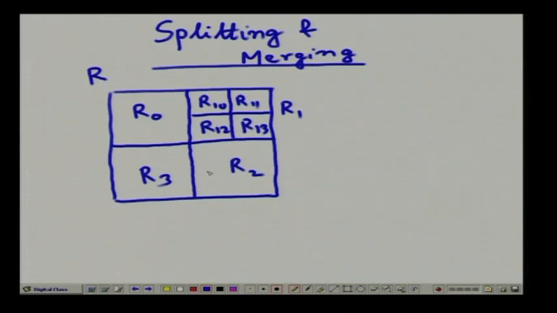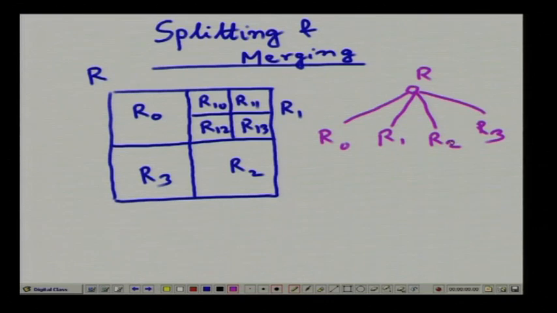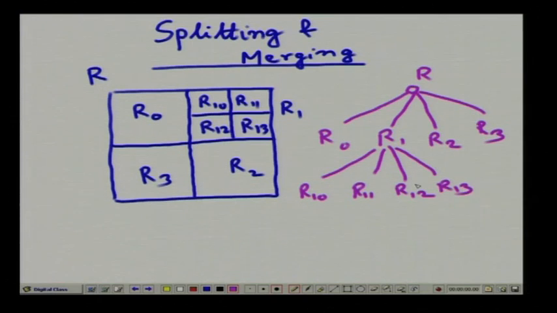And in the process of doing this, I am having a quad tree representation of the image. In the quad tree representation, if the root node is R, my initial partition gives me 4 nodes R0, R1, R2 and R3. Then R1 I am partitioning again into R10, R11, R12 and R13.